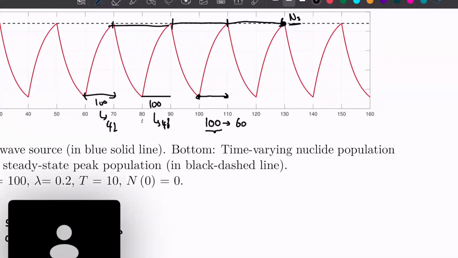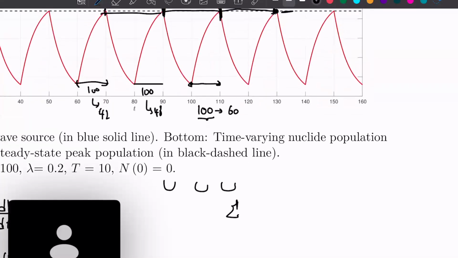If I were to write this in math, and we are ignoring this step first, we will come back to this one. So anything beyond this, we want to sum all the contributions from each bucket.